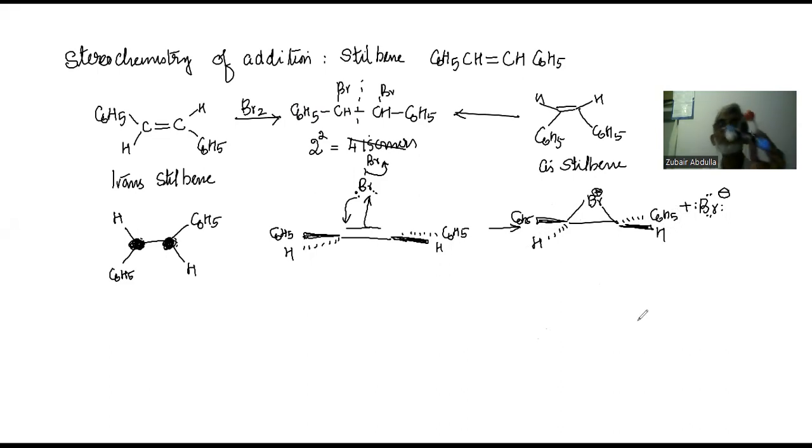In the next step, the Br minus attacks in an SN2 fashion. Now here is my Br minus. The Br minus can attack either from this side, from here, or from here.